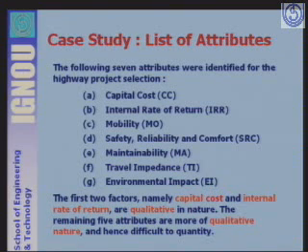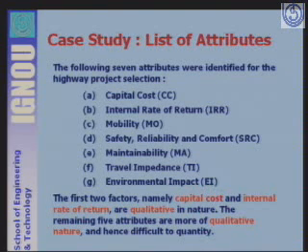Normally a decision team is constituted, and that team brainstorms and comes up with the list of attributes or criteria which should be considered for the selection of the highway project. So for this case study, these are the 7 criteria considered for the alternative routes.